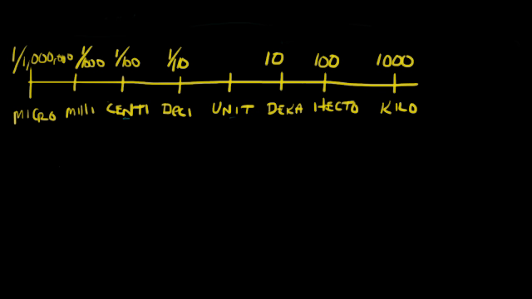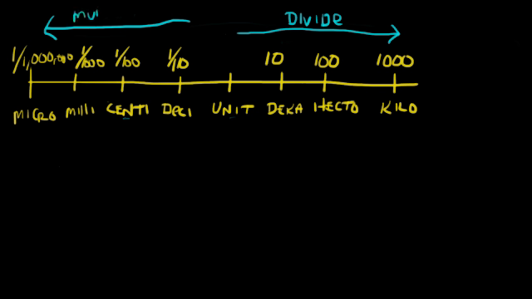So for example, if you're converting from deci to milli, know that centi is in the middle. One of the keys with this is that if you're going in this direction on the timeline, you will divide, and if you are going in this direction on the timeline, you're going to multiply.